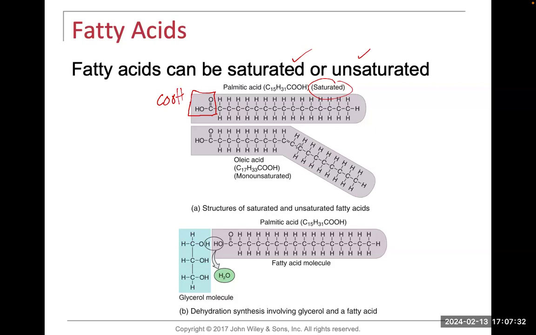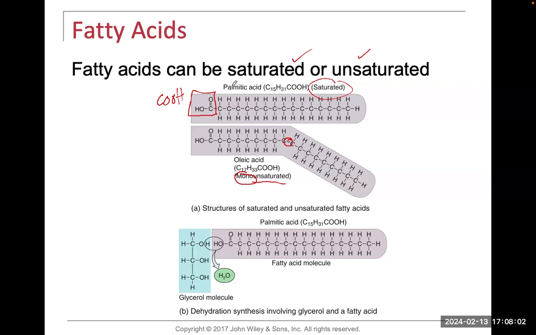Then we look underneath, there's a long carbon chain, but look right here, that's a double bond. And there's only one of them. The double bond creates a kink, it creates a little flexibility. It's not saturated, it's unsaturated. It's unsaturated, and because there's one double bond, it's monounsaturated. If you have two double bonds, then it's polyunsaturated fats.